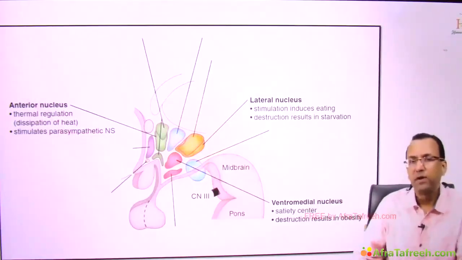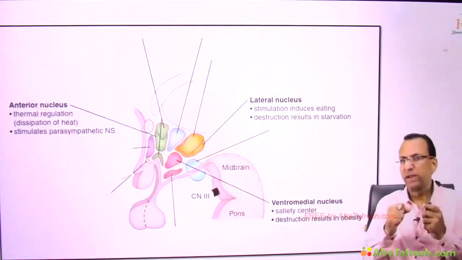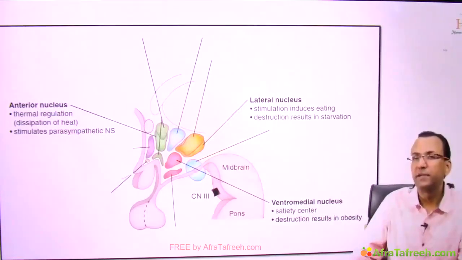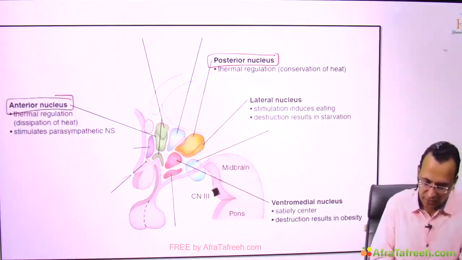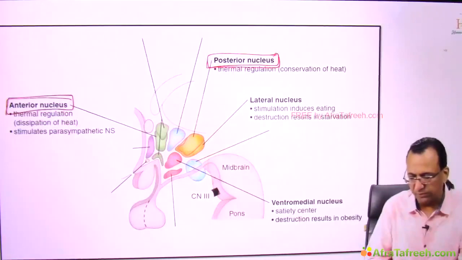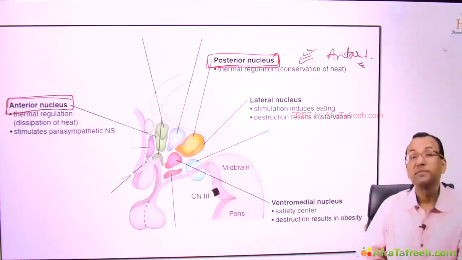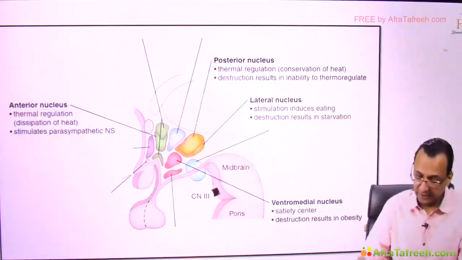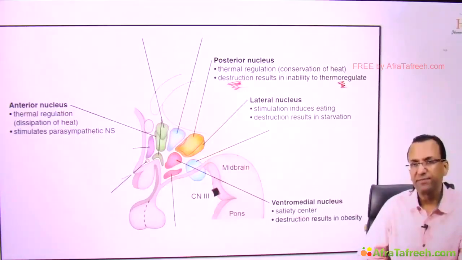What if I am in Antarctica? Shivering center, where is that? That is the posterior nucleus. See, this is anterior nucleus and that is posterior. So posterior is for conservation of heat in Antarctica. Shivering. The destruction can result in inability to thermoregulate.